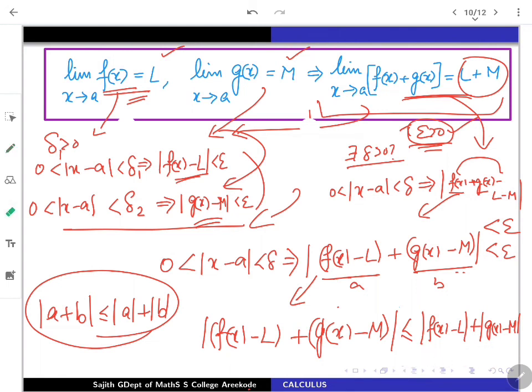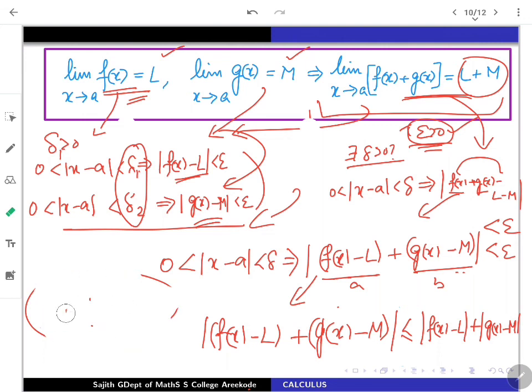So I can do this by making |x − a| less than delta 1 as well as less than delta 2. So two positive quantities are supplied for me, and two different deltas, delta 1 and delta 2, will give something like this. These two conditions I can make use of here. I wanted this to be less than epsilon, not epsilon and epsilon or something like that.